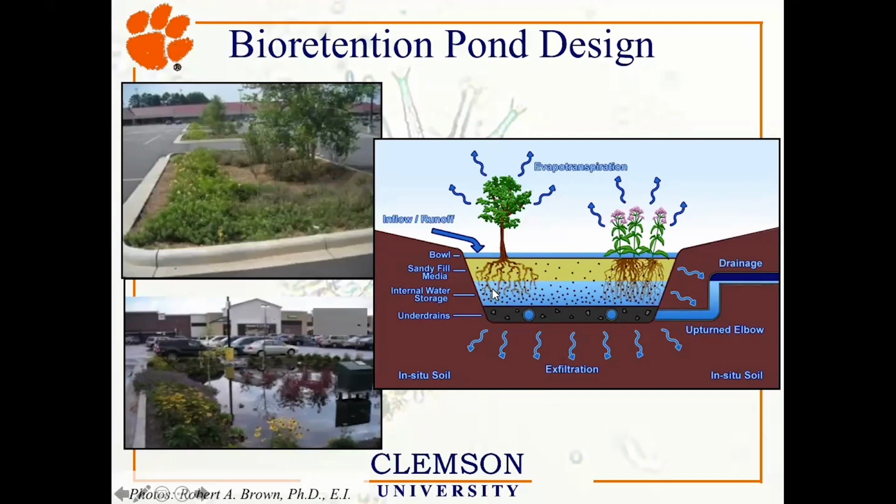The microorganisms within the soil and sandy layers degrade the pollutants in the water and allows that water to recharge into the groundwater instead of flowing into a local stream causing flooding.